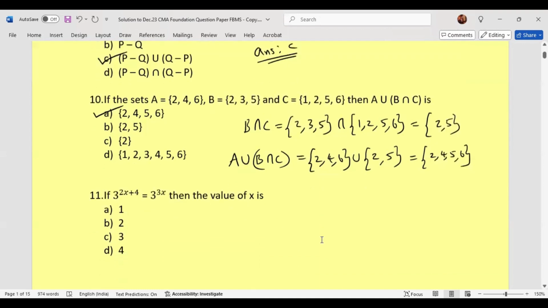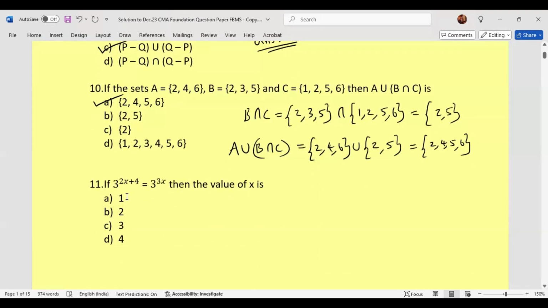Next question is related to exponents. If 3 to the power of 2x plus 4 is equal to 3 to the power of 3x, then find the value of x. We may notice the base is common on both the left-hand side and right-hand side, so we can equate the indices. So 2x plus 4 is equal to 3x, which means 4 is equal to 3x minus 2x, which is x.